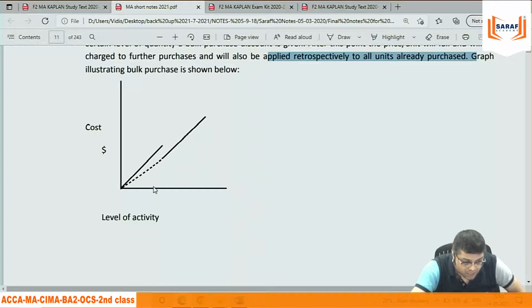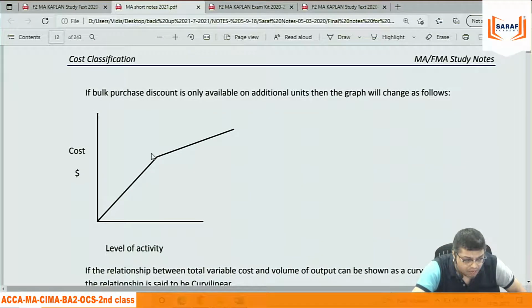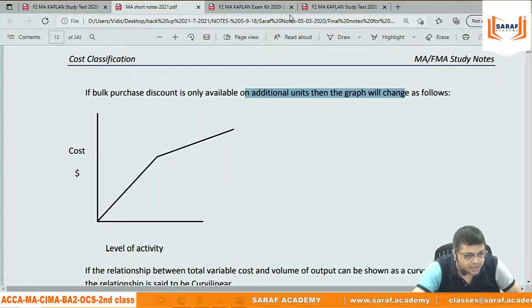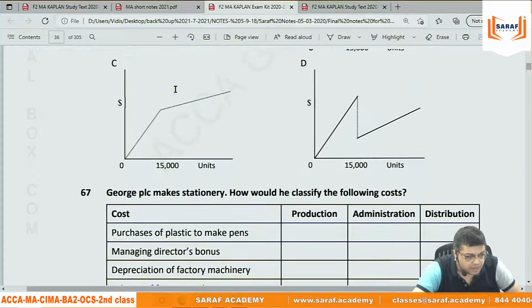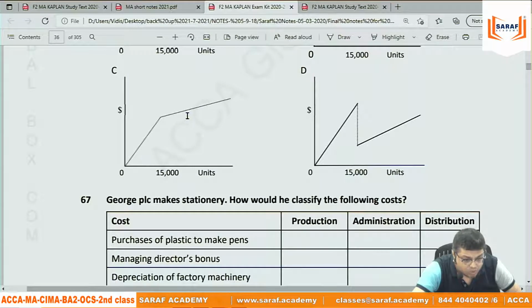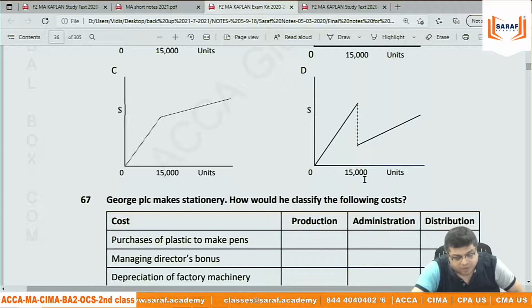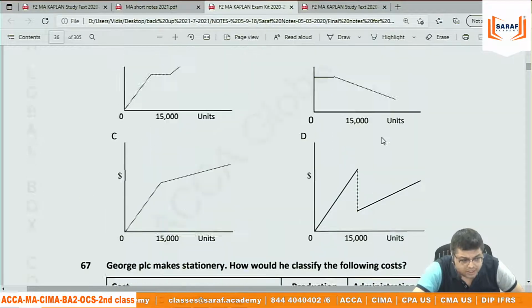Before 15,000 also lower. If the bulk purchase is available only on additional units, not on the old units, then C is the answer. But if it is applicable on the original 15,000 units also, then this is the answer.